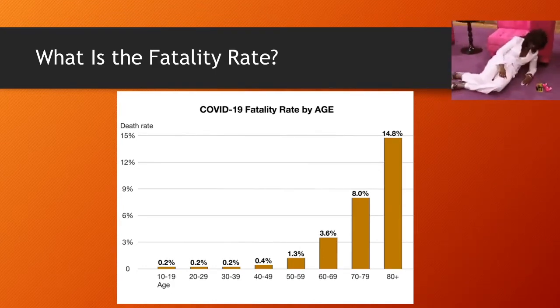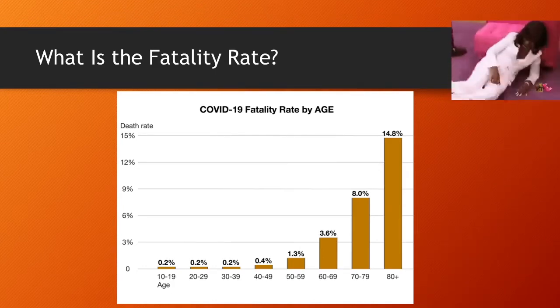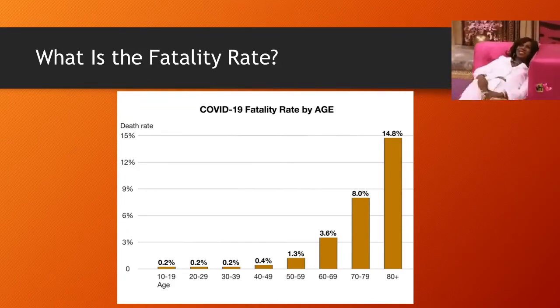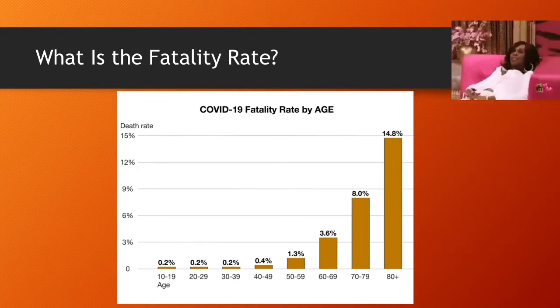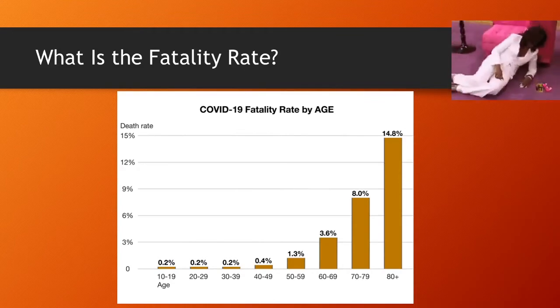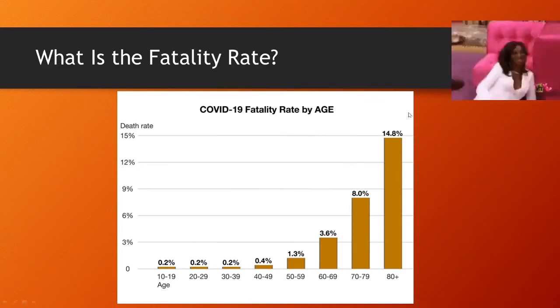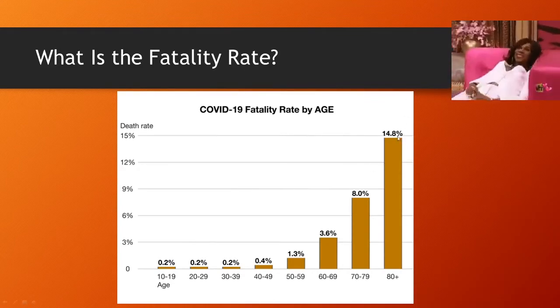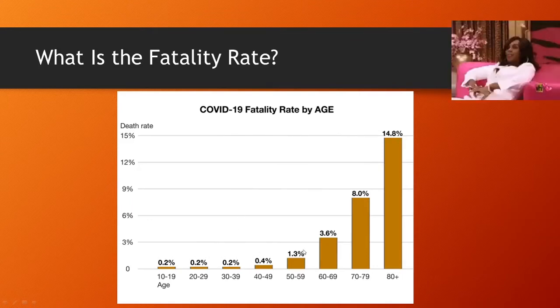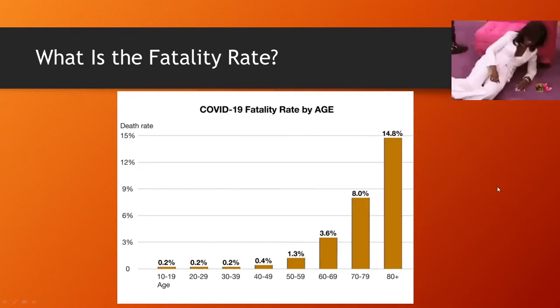I think they're still working on that, or I just didn't find it. Hopefully we'll get that in the near future as well. But it's still important to note that the older you get, the more likely you are to die. We've all heard that. But keep in mind that if you're younger, still be careful.